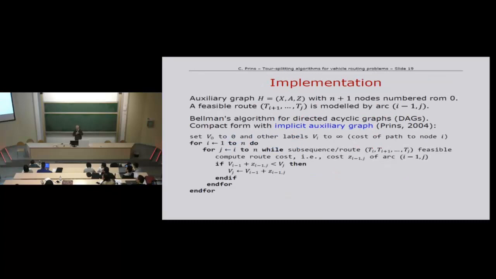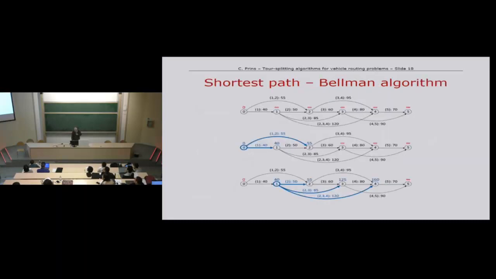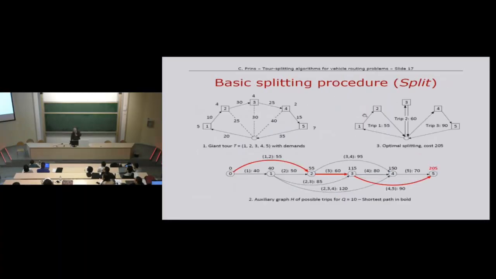So in fact, more formally, the auxiliary graph has n plus 1 nodes numbered from 0, and a feasible route, so it's Ti to Tj, is modeled by arc i minus 1, j. So this is visible here.